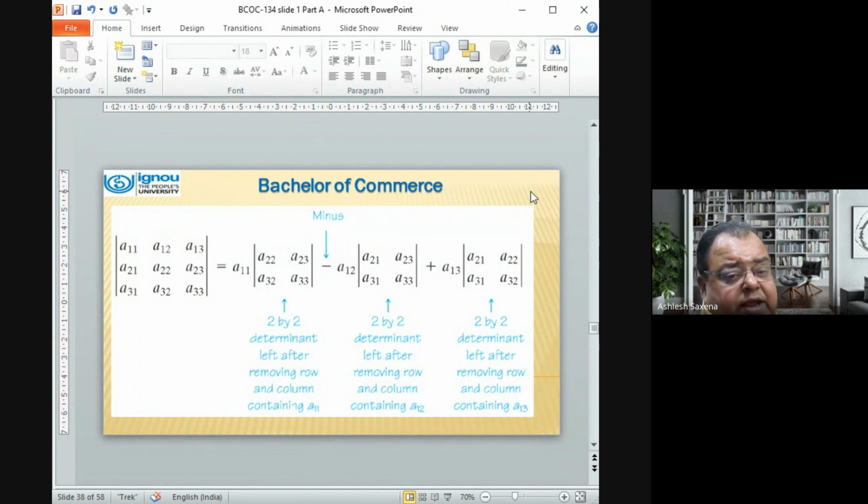Minus A12. That means you will be removing first row and second column. That means you will be left with A21, A23 and A31, A33. Second one is minus, the third one is plus. So you will be removing first row and third column. In that case, you will be left with A21, A22 and A31, A32.